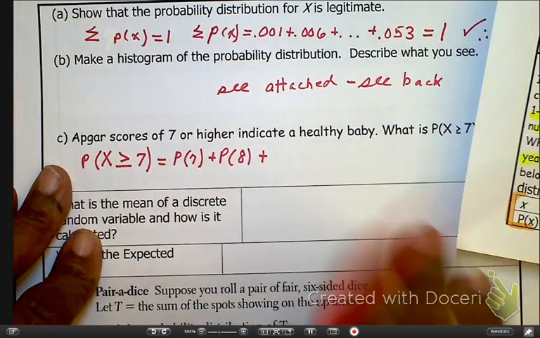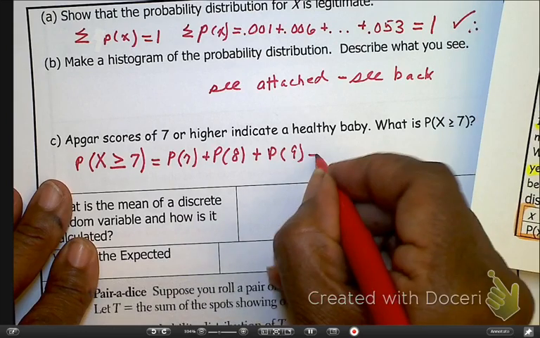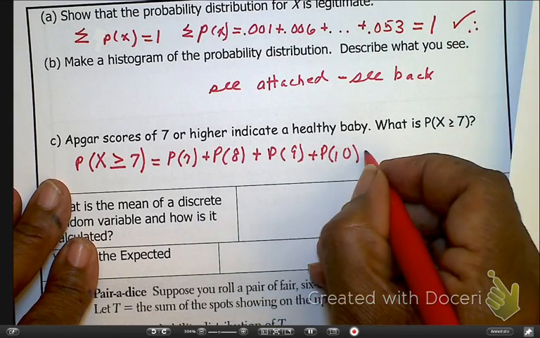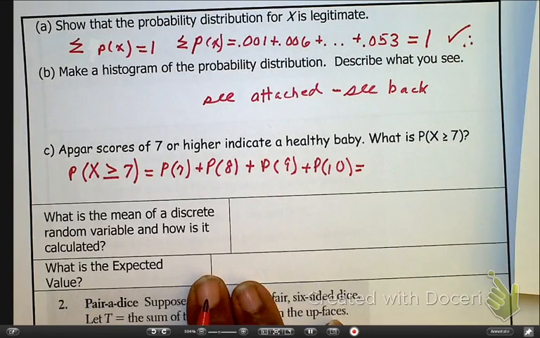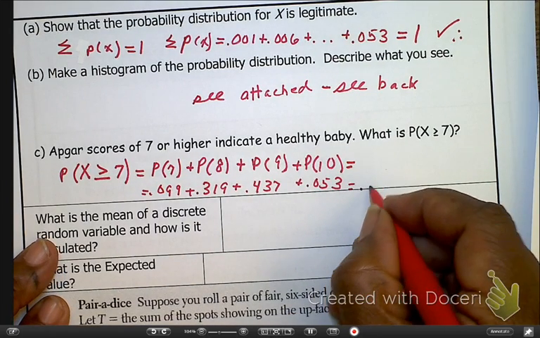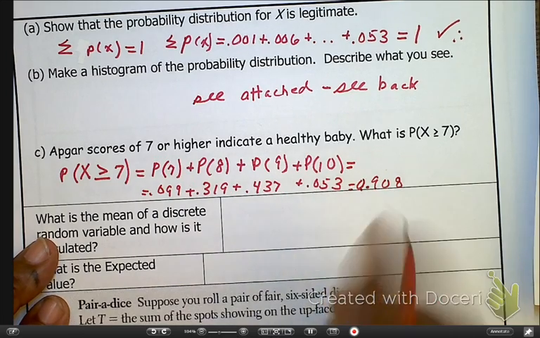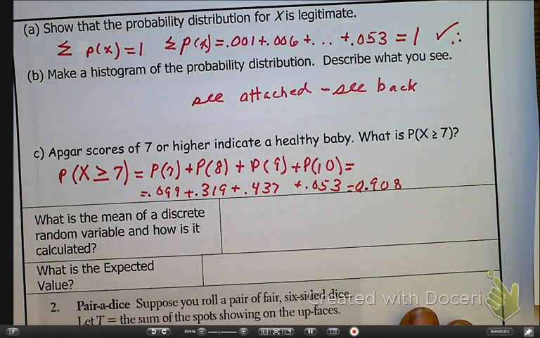So as you can see here, the probability of 7, plus the probability of 8, plus the probability of 9, plus the probability of 10, is going to equal 0.908. And that's it. That's all we have to do.